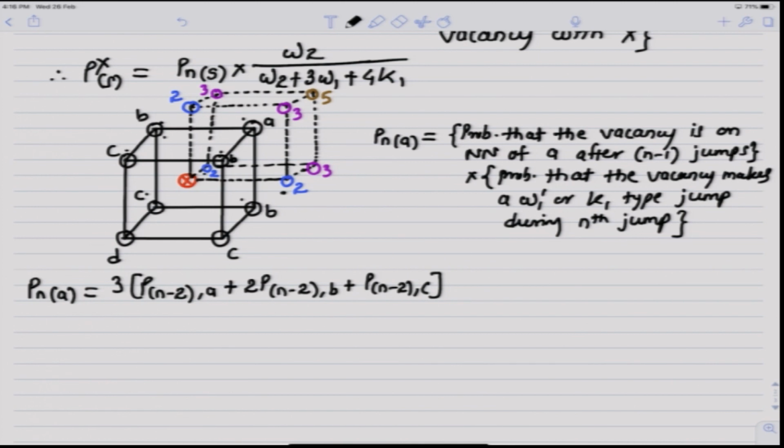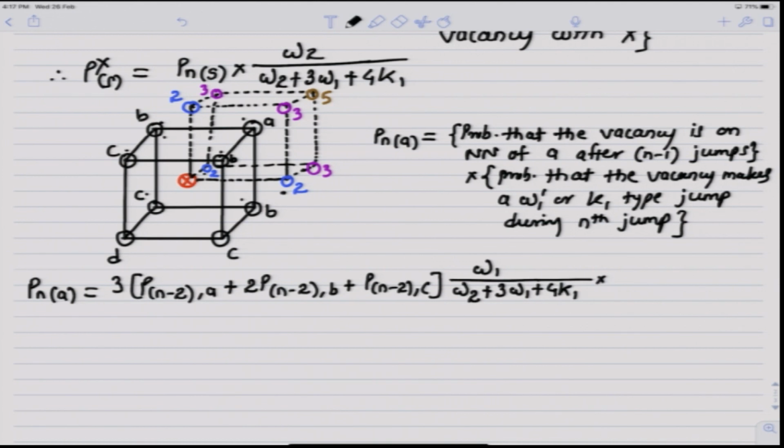So, this will be an omega 1 type of jump, and the probability of that would be omega 1 divided by omega 2 plus 3 times omega 1 plus 4 times K1, and for its nth jump the vacancy has to jump from this type 2 to A, and this is a jump from the second nearest neighbor to the nearest neighbor. So, it is an omega 1 prime type of jump.